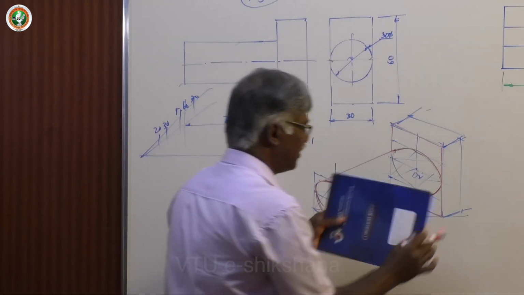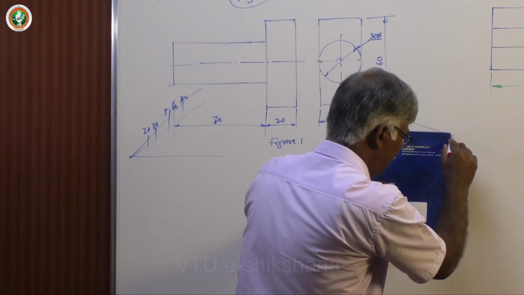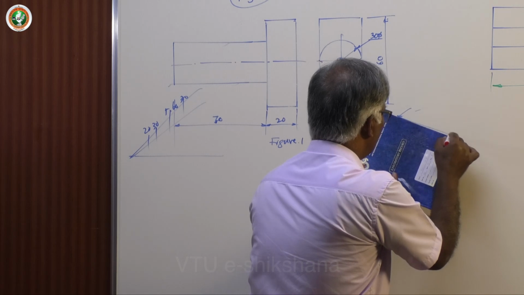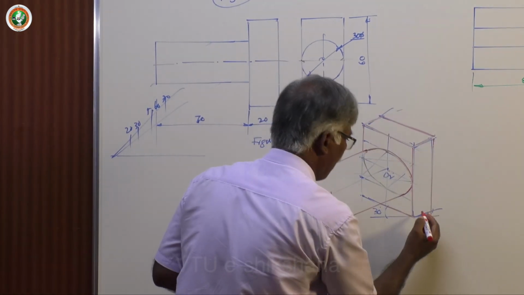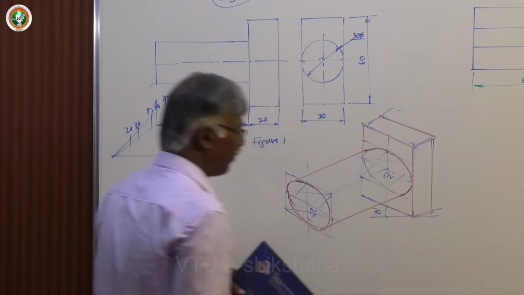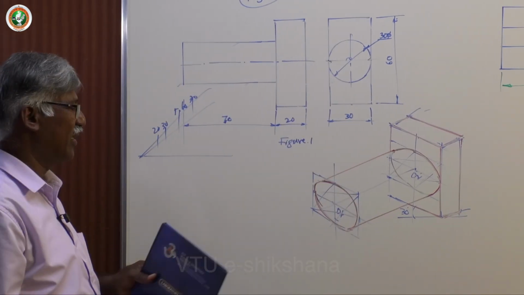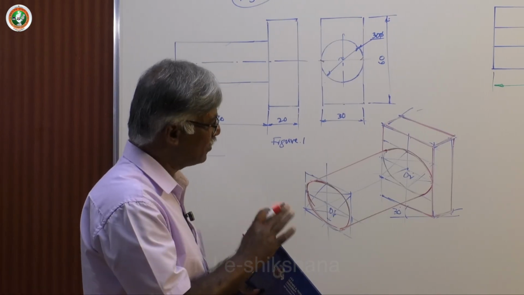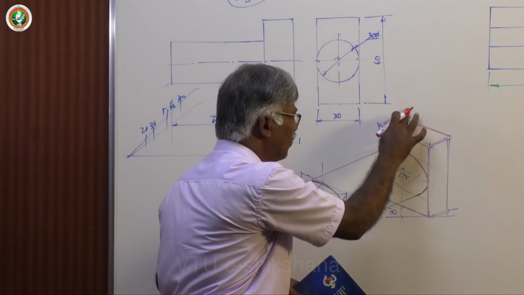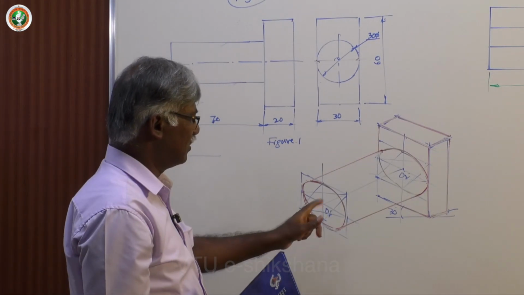Next comes this rear surface, and as usual, as you know, only visible lines we have drawn. Now we have not completed the whole solid with all lines, only visible edges we have drawn, that too here. So naturally this is the answer.